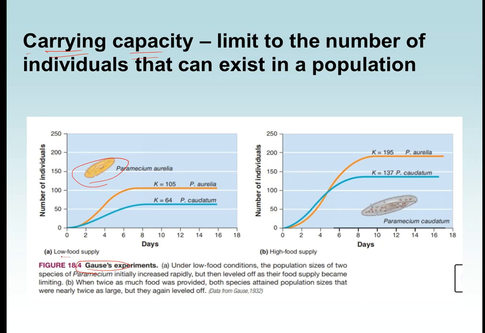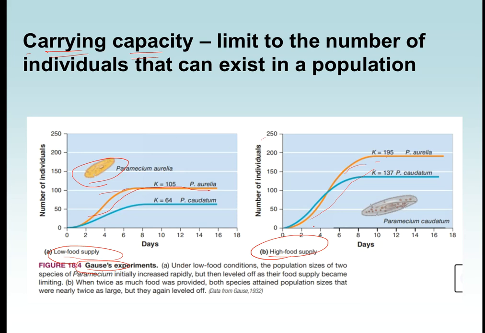In a low food supply, the carrying capacity of that environment, let's say, got to 100. If we increase the food supply, the carrying capacity might get to, say, 200. So the ecology could support a higher number of individuals, but regardless, there was always a limiting resource that would determine what was called the carrying capacity.